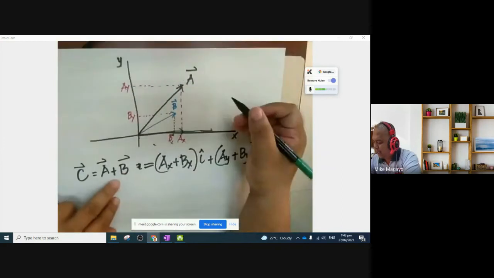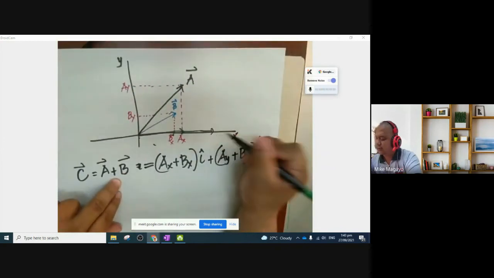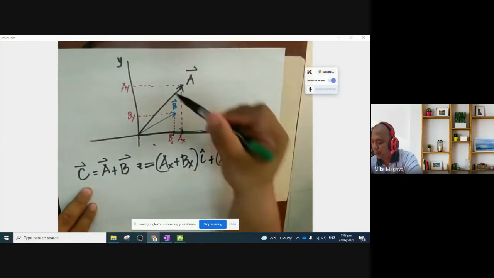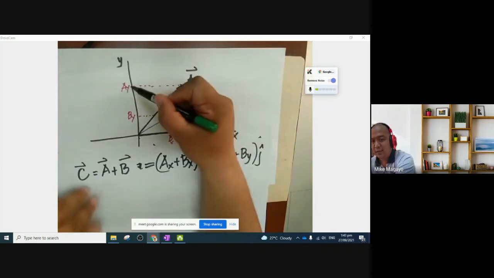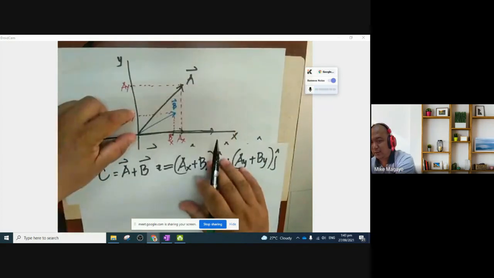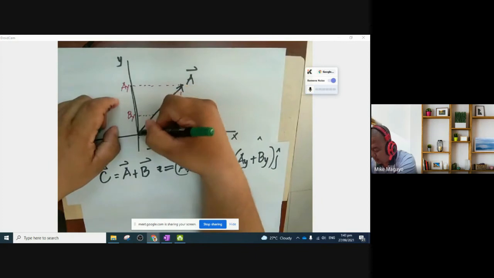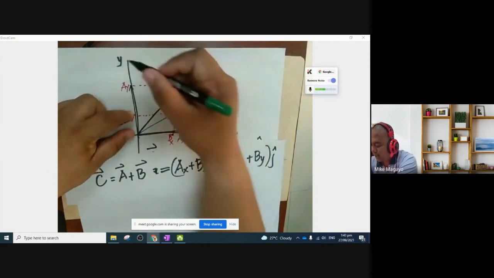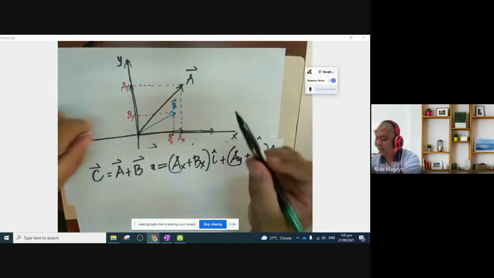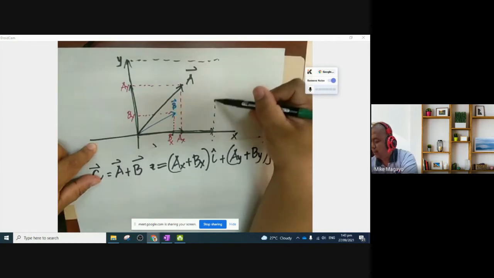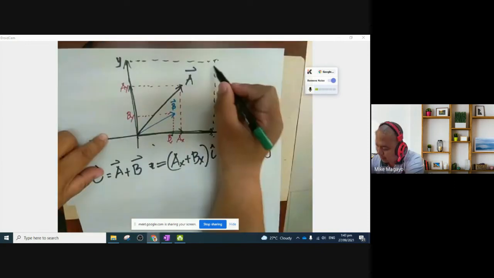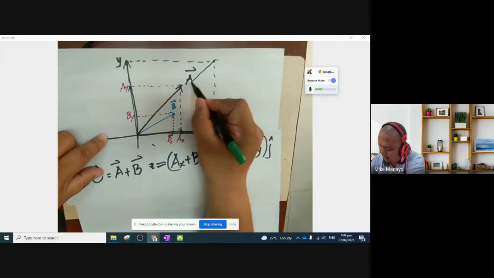You have now AX plus BX, and then you have also AY, and then you add BY. This one, this is AY, and then I have to add BY. That's BY. If you add all together, this is now your third vector.